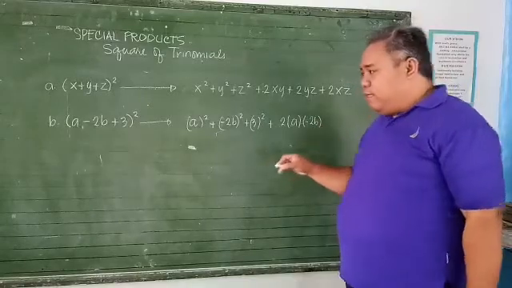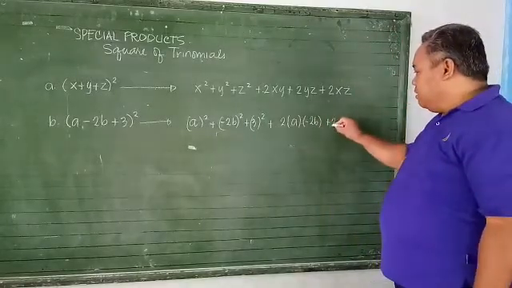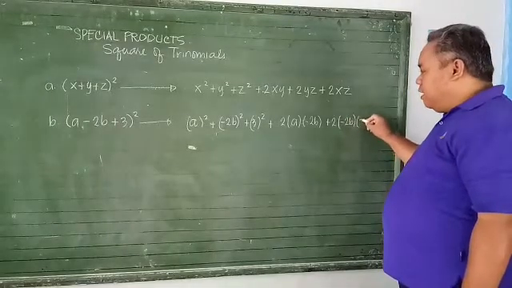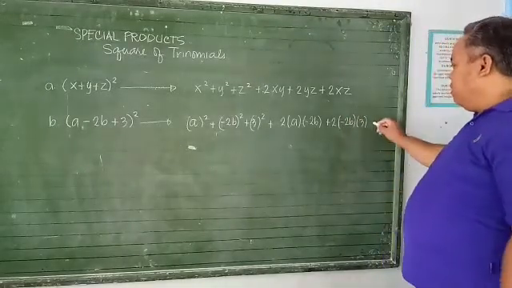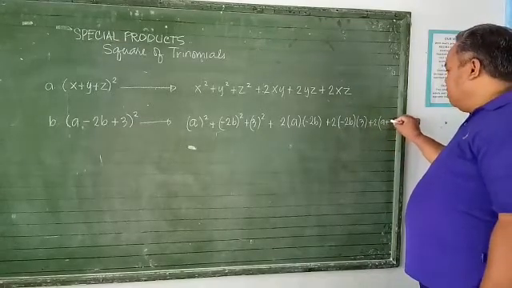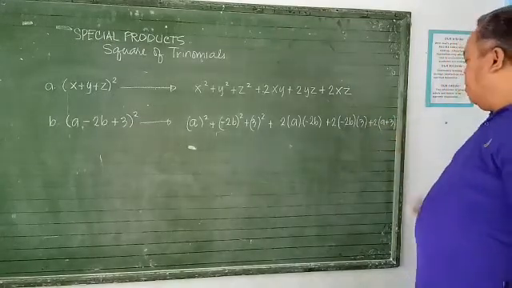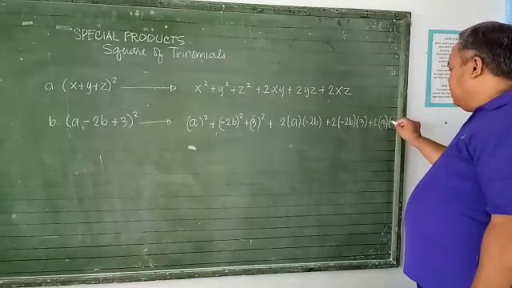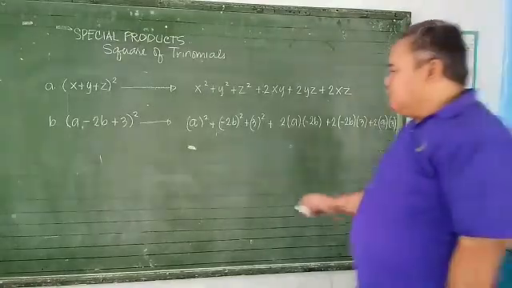So you see the pattern, then plus 2 ulit, then negative 2b, then 3. Then last could be plus 2, then a and 3.